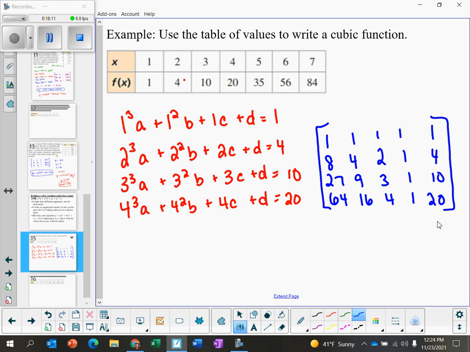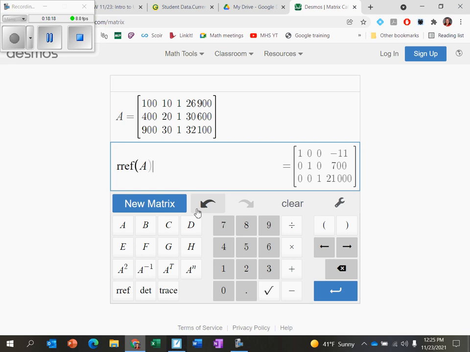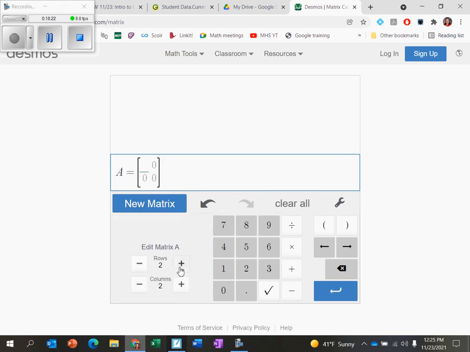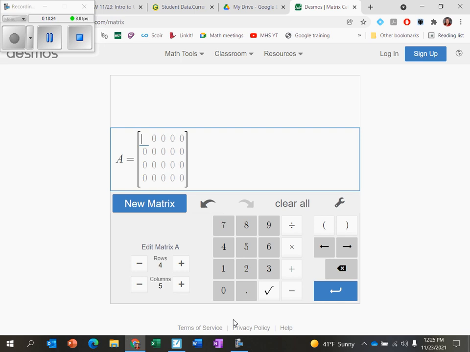So we're going to go ahead and take this matrix, go back here, so let me clear out. So now we're going to have, instead of 3 by 4, 4 by 5. So let's type this all in.